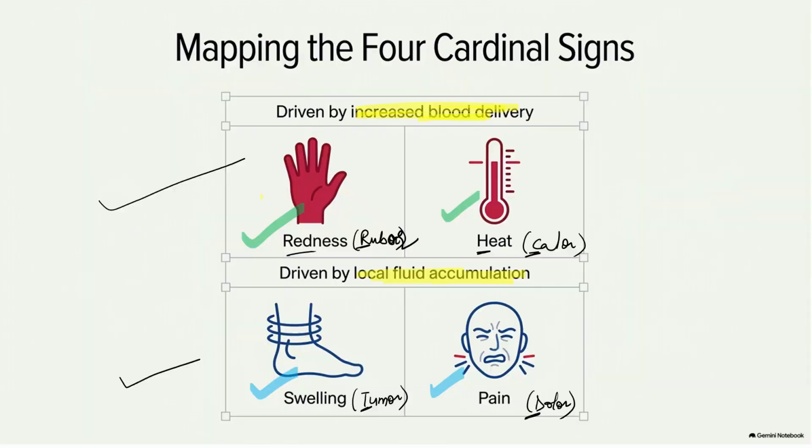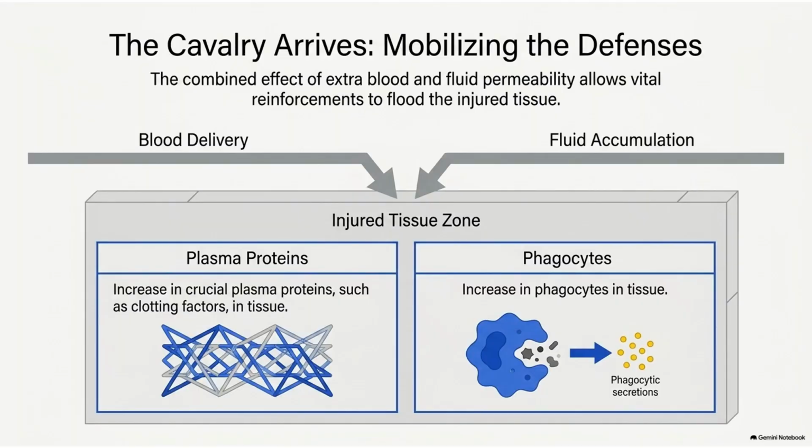Now, why does the body increase blood flow and vascular permeability? The purpose is to help deliver defense components. The blood's work is to deliver the defense components. With increased blood delivery and increased fluid movement, the important components like plasma proteins and phagocytic cells are coming out.